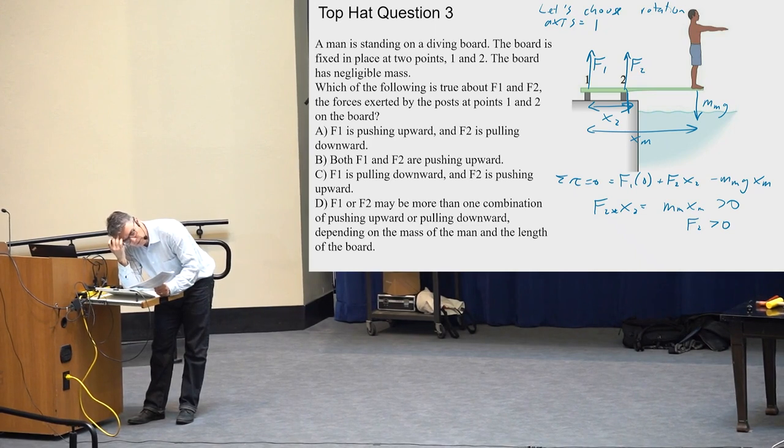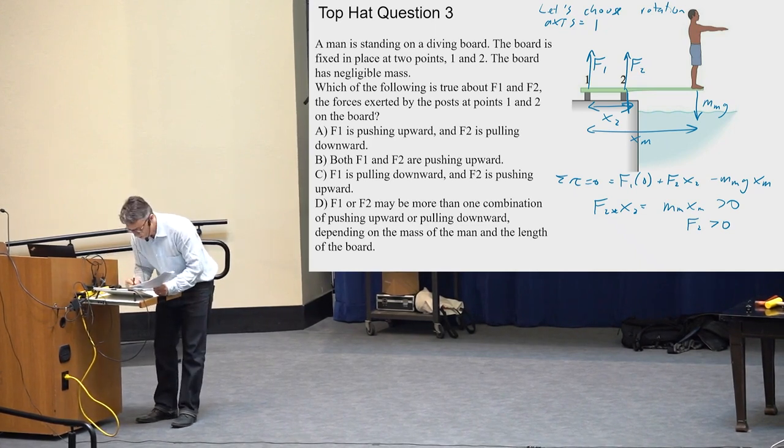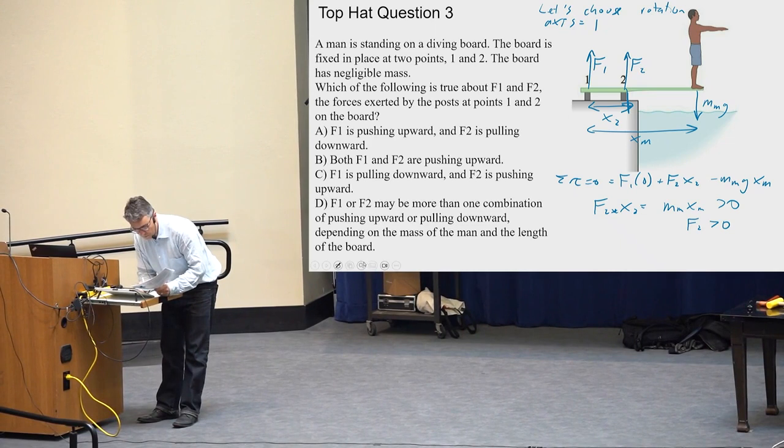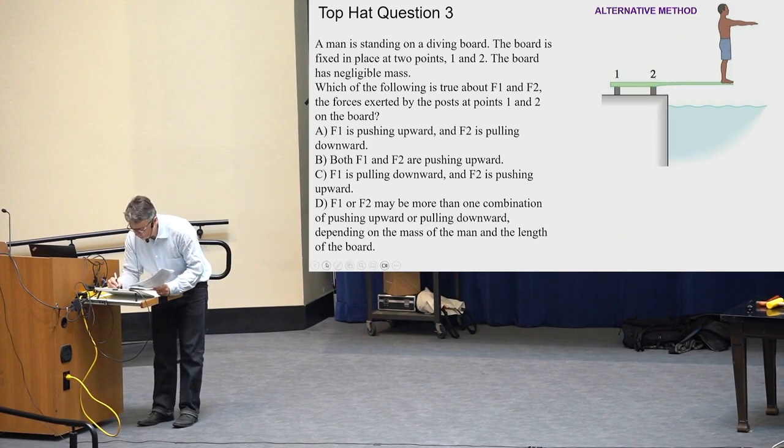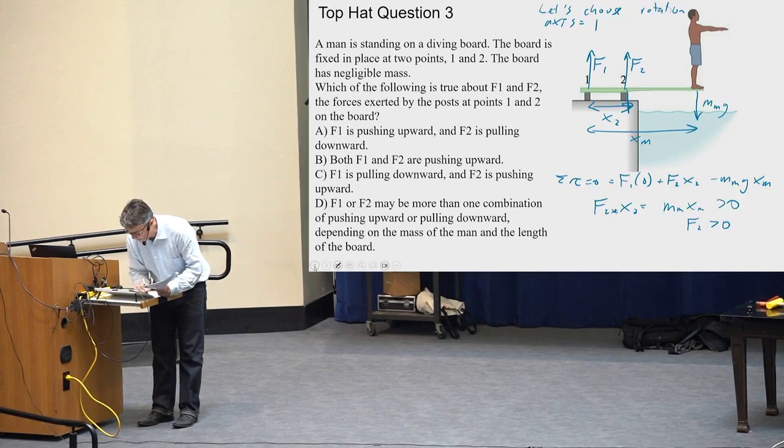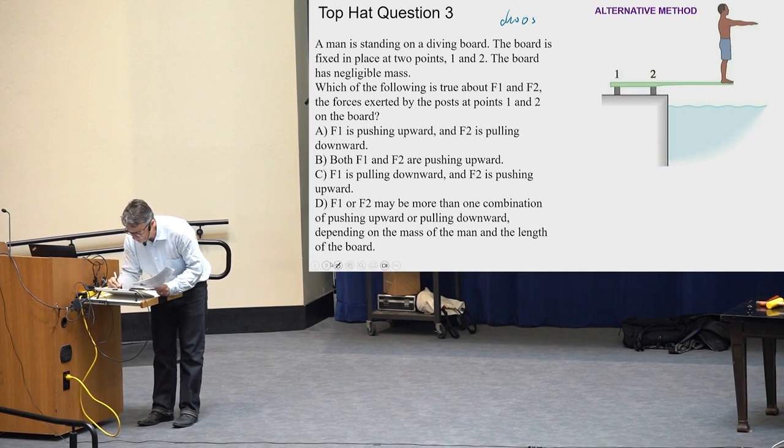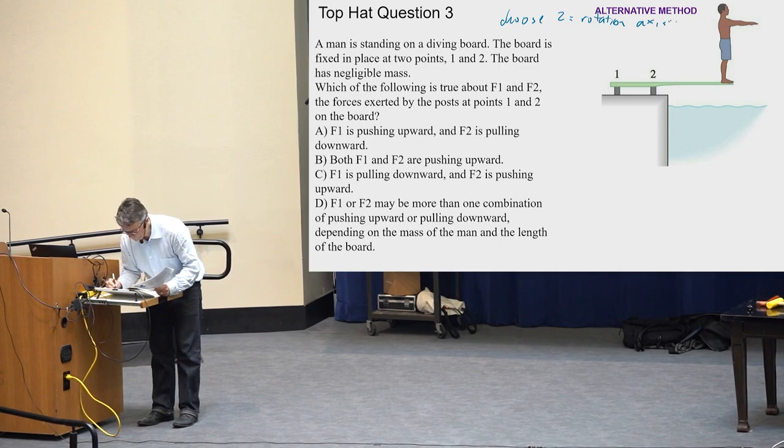So that didn't really work, did it? Well, let's do the alternative method. I think what you'd have to do here is balance the sum of the y forces. So let's choose 2 as the rotation axis and see if this works out a little better.